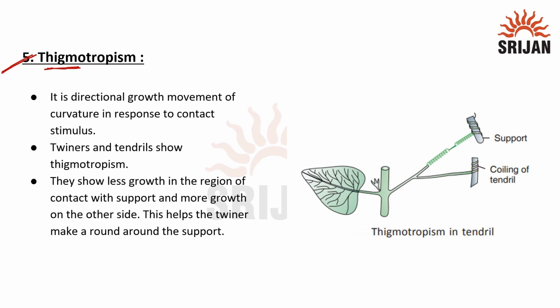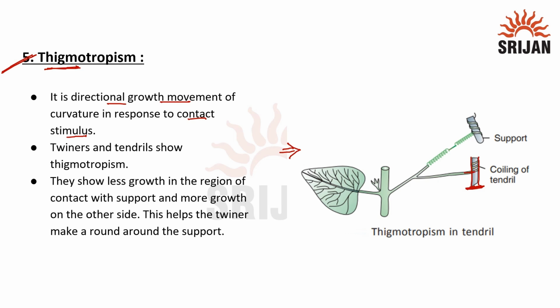The last type of tropic movement that we have is called thigmotropism. The word thigmo means touch or contact, and tropism is growth dependent movement. So we can define thigmotropism as the directional growth movement of curvature in response to a contact stimulus. In the image here, we can see a contact at the support, and here this tendril is going to coil itself.